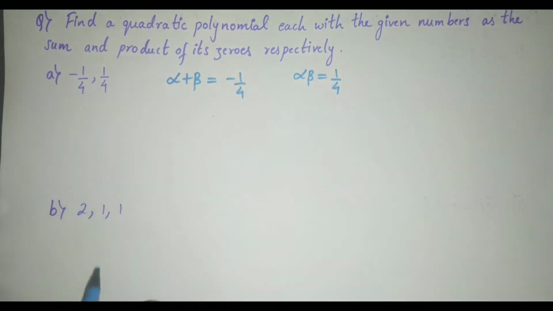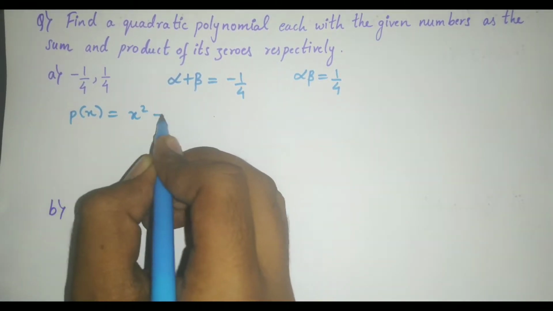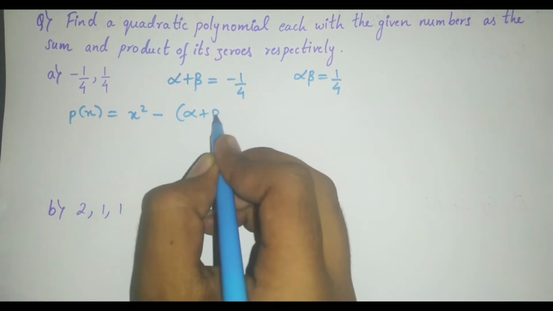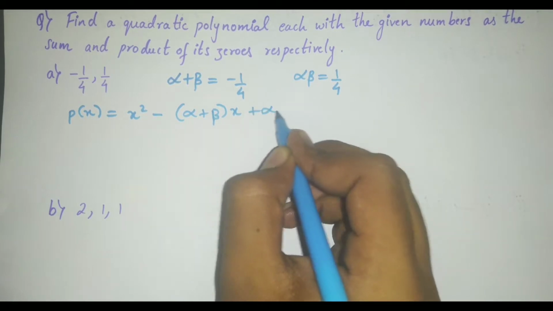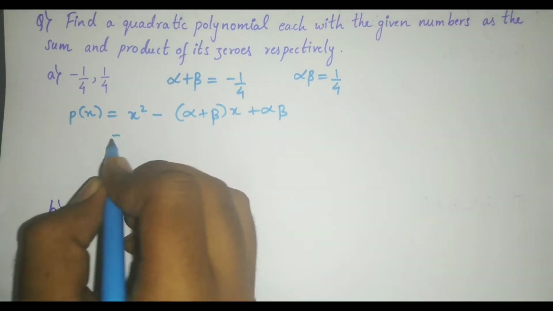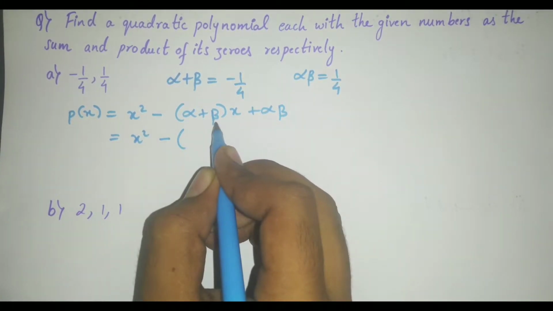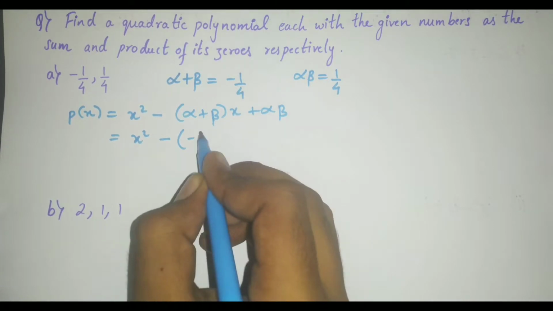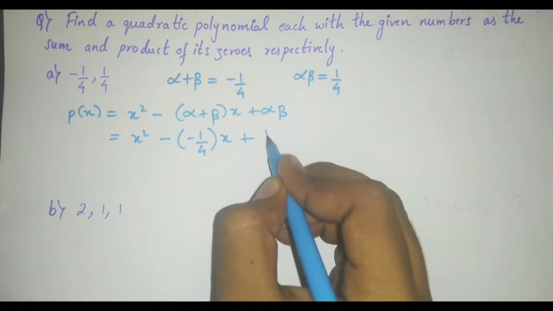Now we have to form the polynomial. The formula we know is p(x) = x square minus (alpha plus beta) into x plus alpha beta. Here you just have to substitute the values. Alpha plus beta is minus 1 by 4, and alpha beta is 1 by 4.